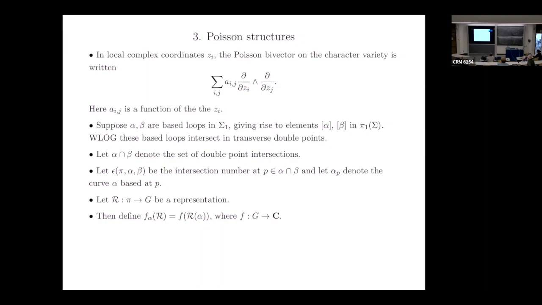The character varieties are complex, so it's possible to write it in complex coordinates. Those a_ij are functions of the z's. Holomorphic? I don't think the a_ij have to be holomorphic.